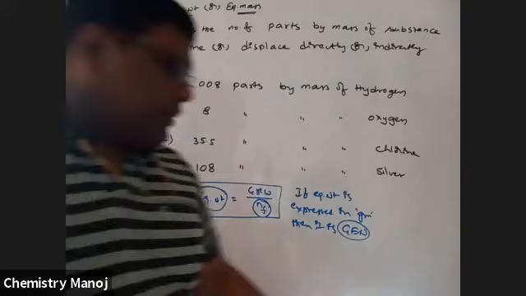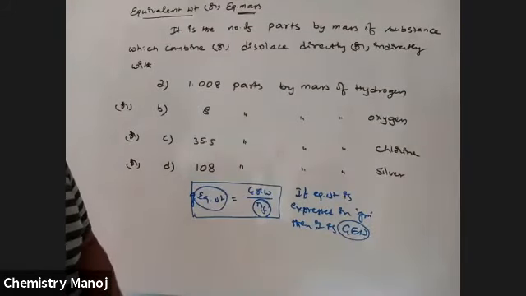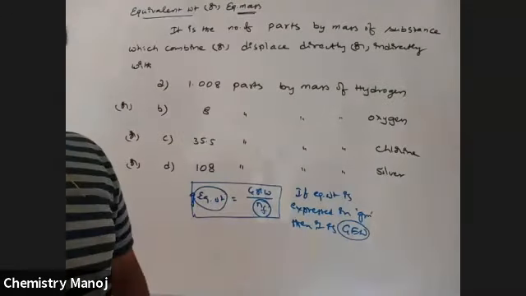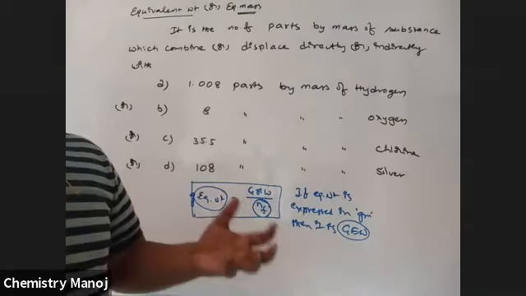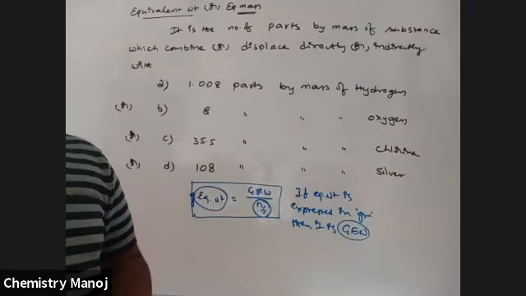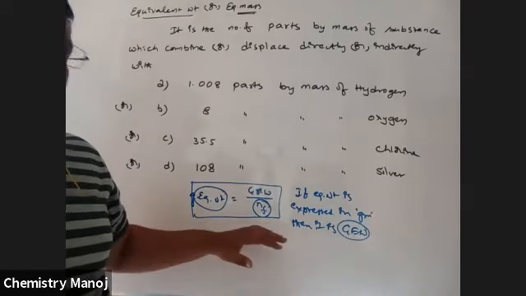This n factor is explained under different headings: for acids, for bases, for salts, for oxidizing agents, for reducing agents, for atoms, for molecules. These are the different ways to find the n factor. Now I'm going to explain how to find it.